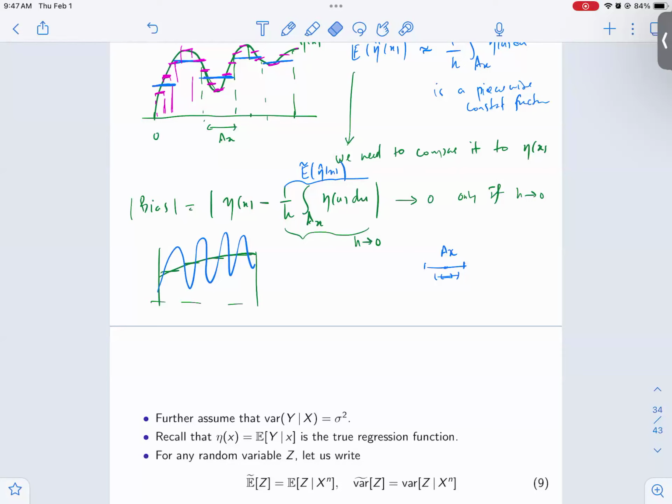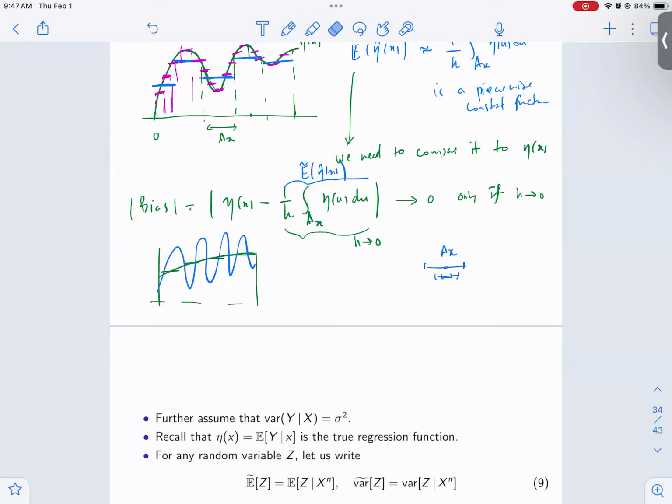This one is smoother, and this one is rougher, less smooth. The less smooth it is, the worse this approximation would be, so you have to make h very small. Smooth is like close to being flat, because you can measure it by the derivative, how fast the derivative changes.